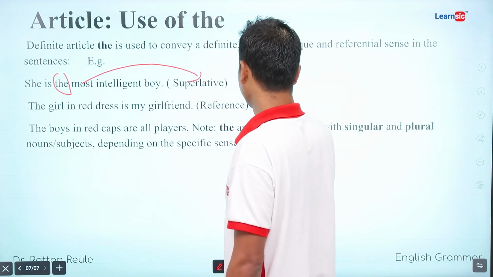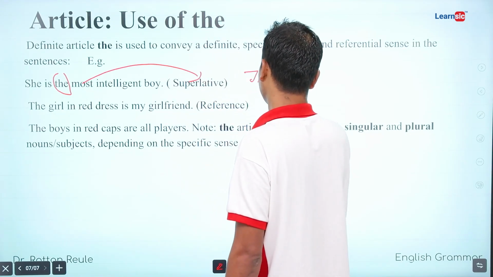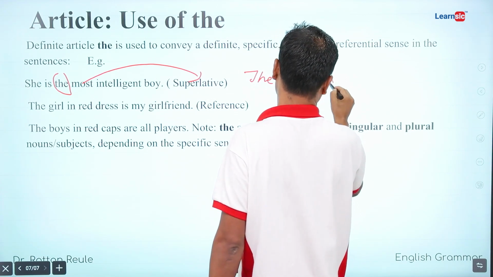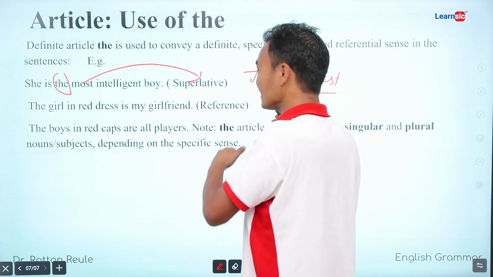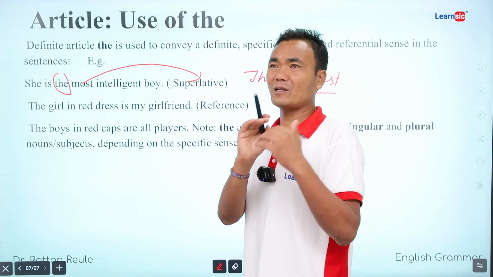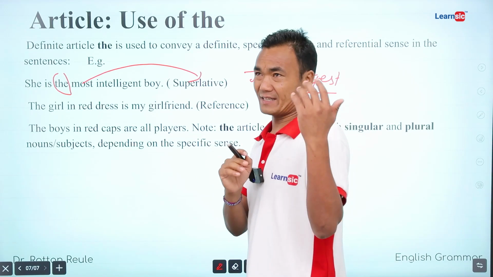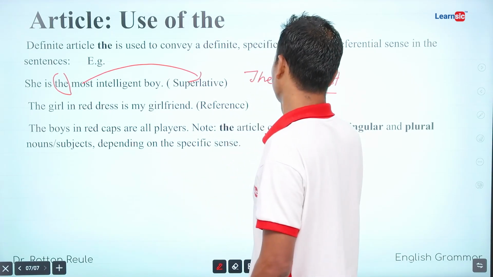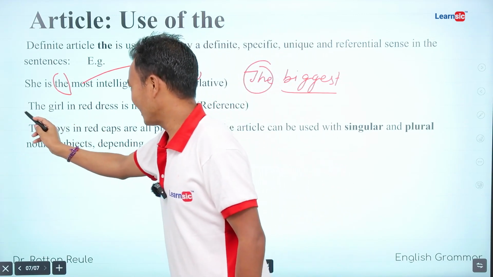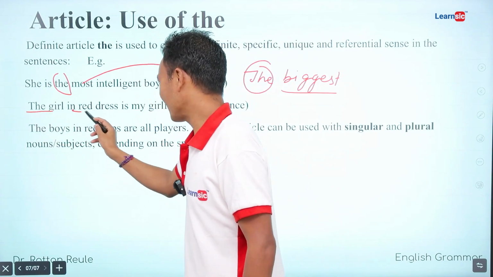One more example I give you: the biggest. The reason for using the definite article before a superlative is seen here, right? This is the. And second, the girl in red dress.